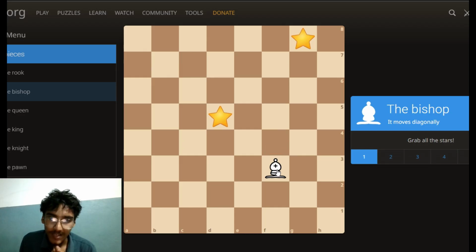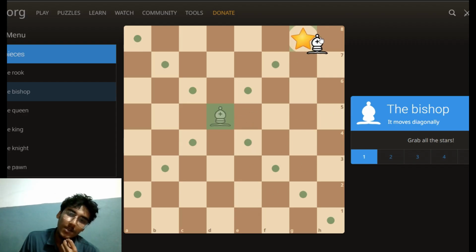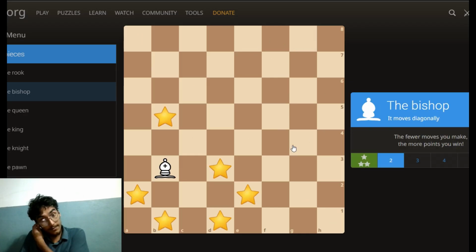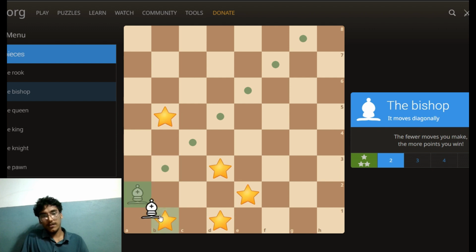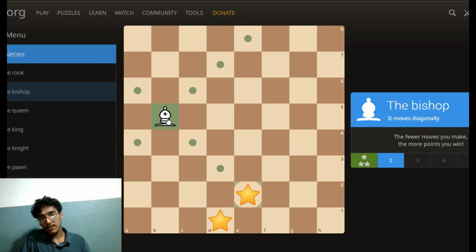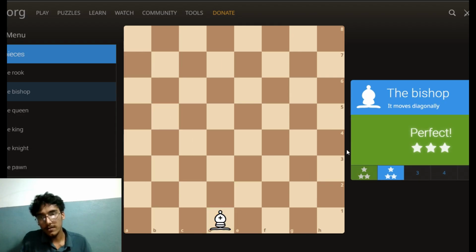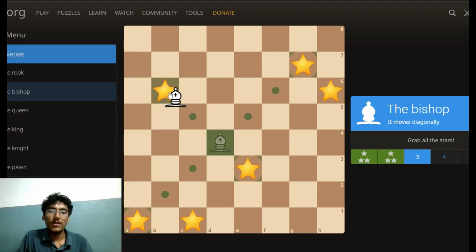It can only move along white squares in diagonal form. So it can move here, then here. Similarly, this can move here.